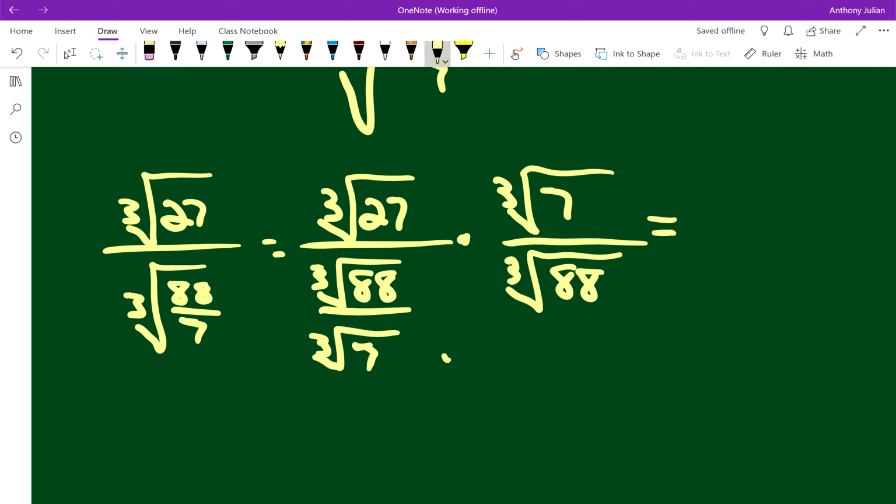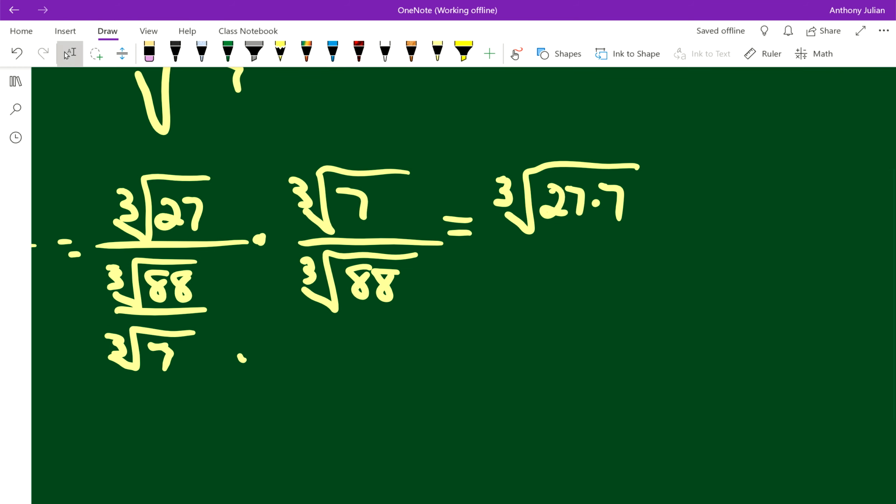I did that right. So now the top is going to be the cube root of, we know what this is. It's like 27 times 7. So when I do that, this will end up being the cube root. So the 3 comes out, and then I've got the cube root of 7.